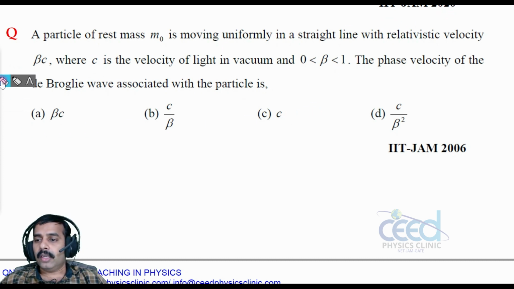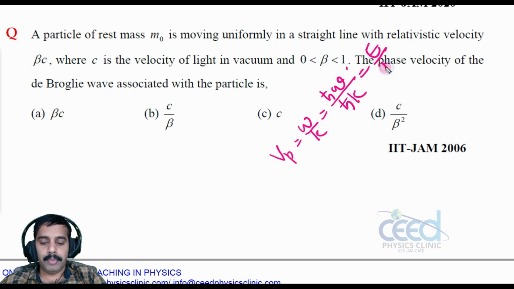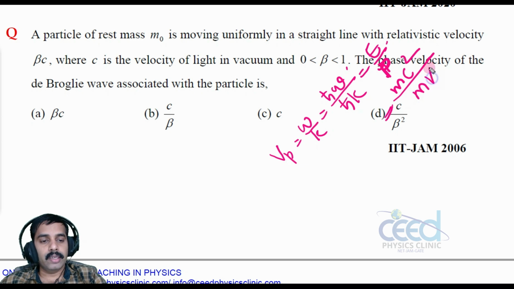See, we have already studied this phase velocity. That is omega by k. If I multiply numerator and denominator by h cross, it is E by p. What is E? E is equal to mc squared, divided by p, and p is mv.